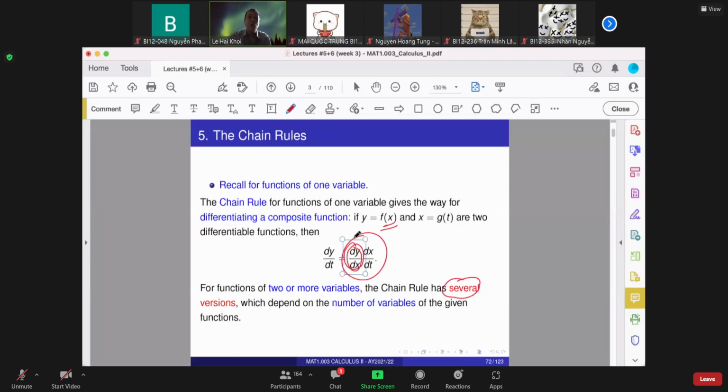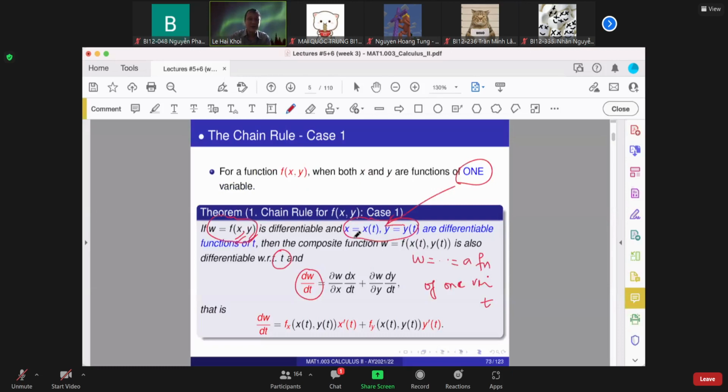So instead, we should consider the partial derivative with respect to x, also with respect to y, because x and y have equal roles. And after having the partial derivatives, we can take x prime of t and y prime of t, because each of x and y is a function differentiable with respect to t.